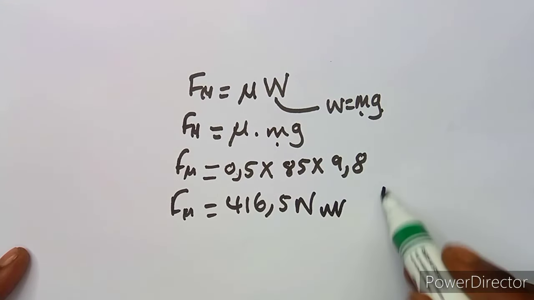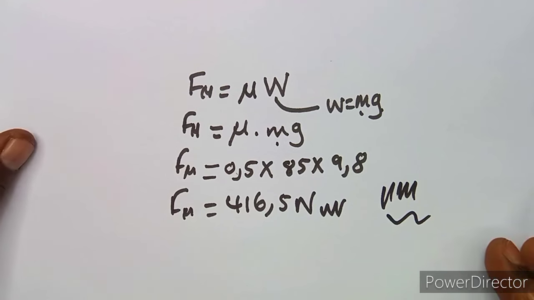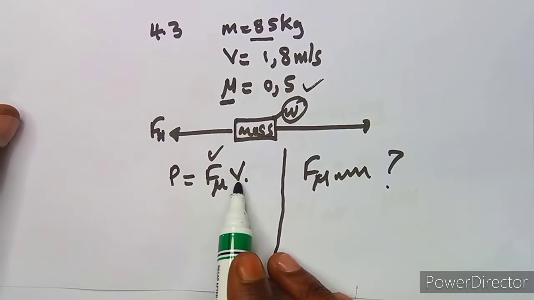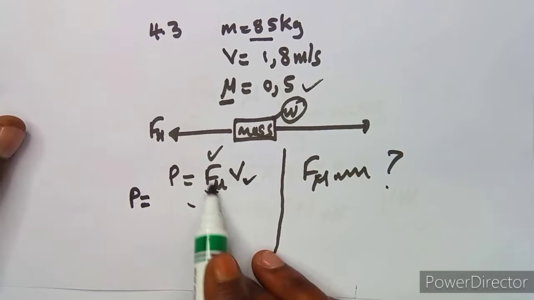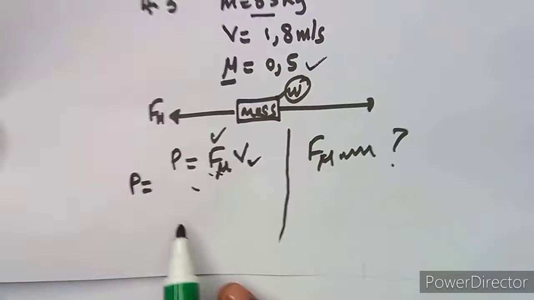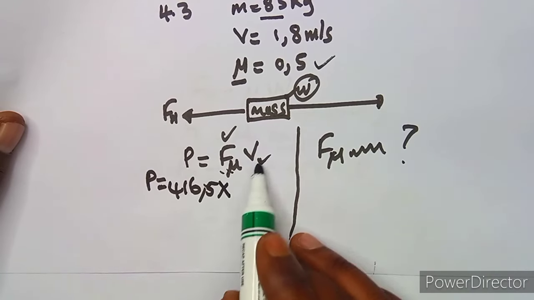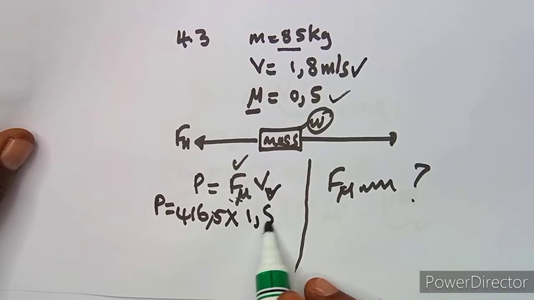So if this is the force that we are obtaining of 416.5 newtons, and previously I said that power is equivalent to the frictional force times the velocity, you're just going to substitute here: the frictional force of 416.5 multiplied by the velocity, which is already there, 1,8.